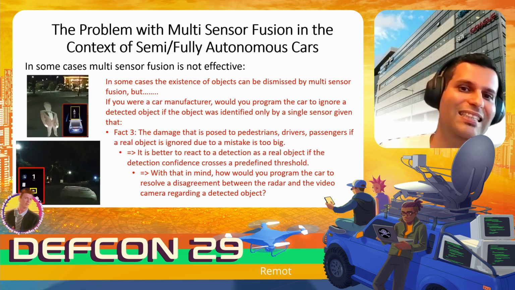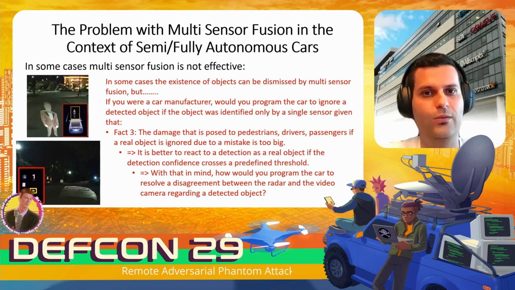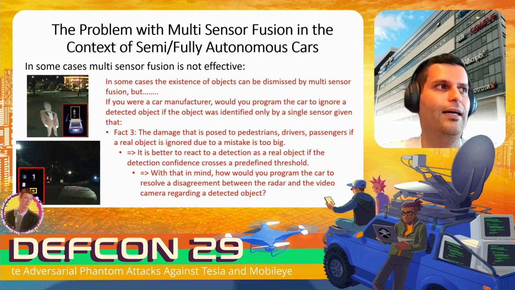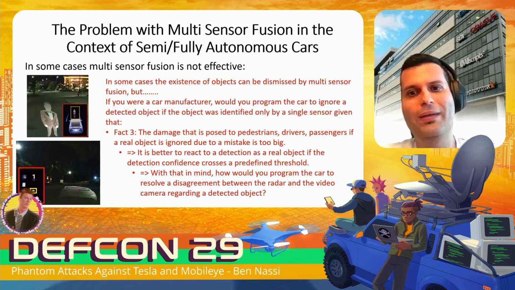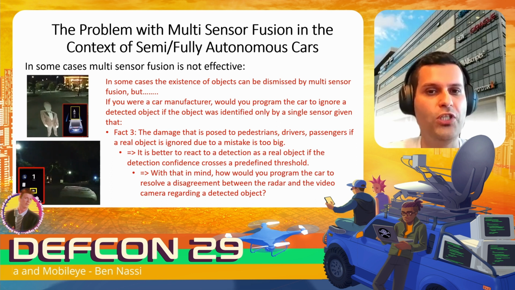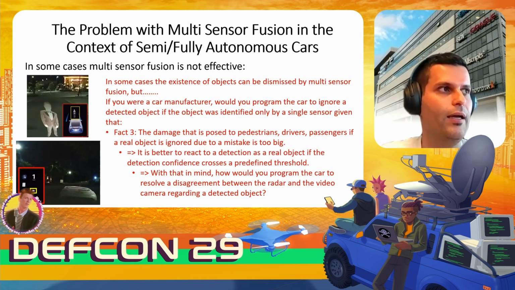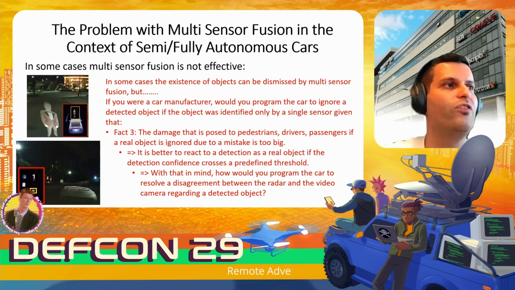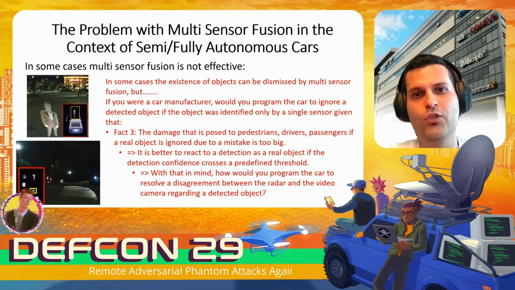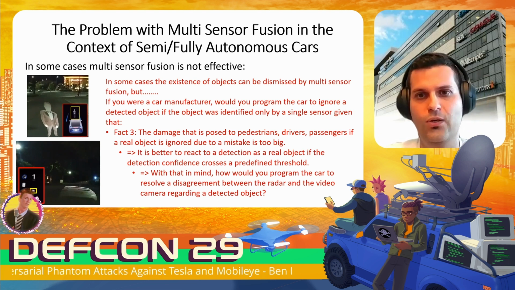However, the industry takes into account another type of fact, which is the damage that may be posed to pedestrians, drivers and nearby passengers if a real object is ignored due to a mistake made by configuring the car to ignore a specific object if it was identified only by a single sensor.